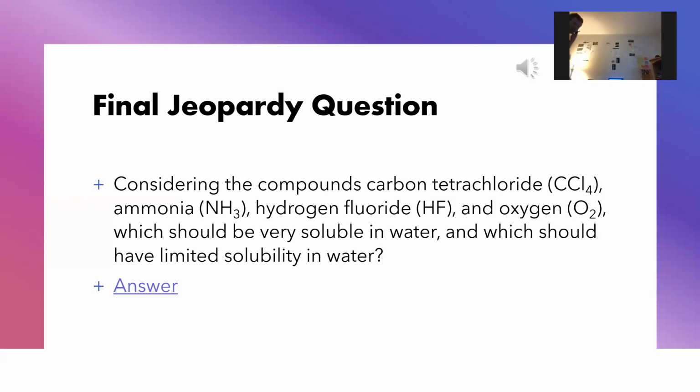Good move. Tetra, let's see what you wrote. You have ammonia and hydrogen fluoride as soluble, and the other two as limited solubility. You are right. What did you wager today? 2,900. Tetra, you are at 5,900 as your final total today.